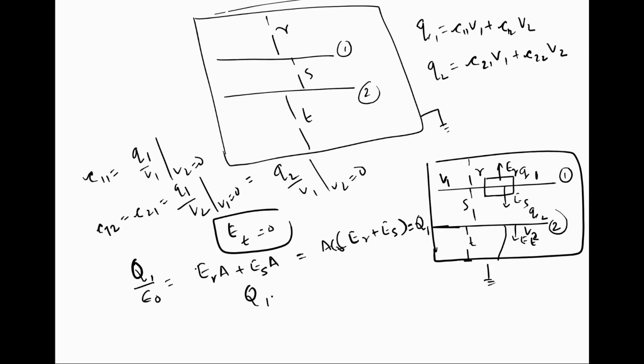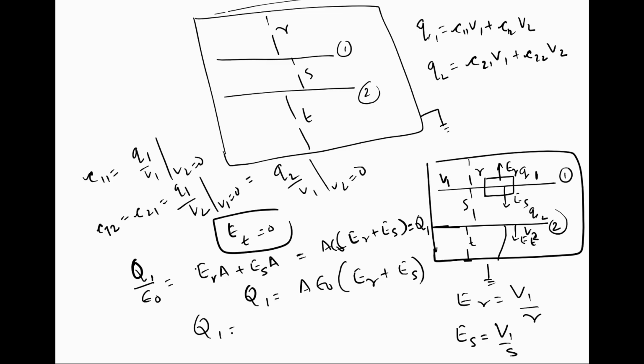So Q1 is equal to A epsilon naught times ER plus ES. Now you also see that ER is simply V1 over R, and ES is equal to V1 over S. So I will put this value. Q1 is equal to A epsilon naught times V1 over R plus V1 over S.